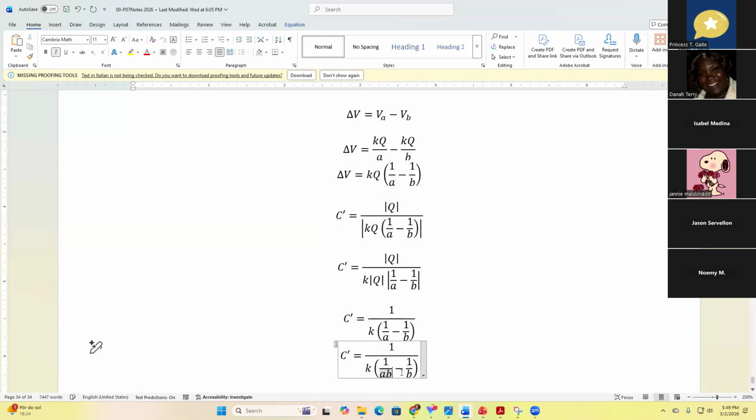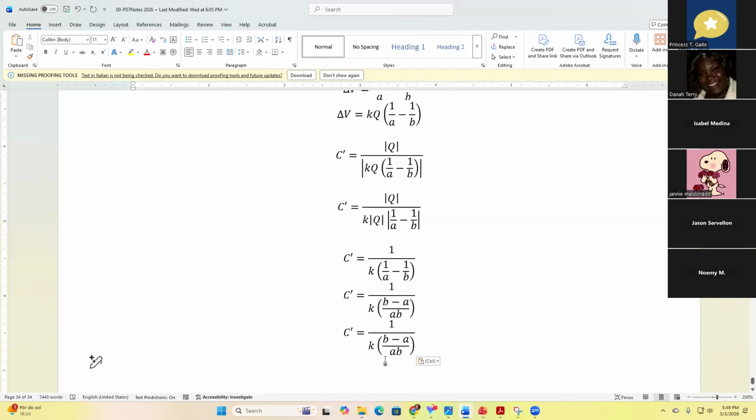We can go ahead and write it in this way. Simplify as much as you can, right? AB goes upstairs and B minus A stays downstairs. Here you go, like that. Capacitance.